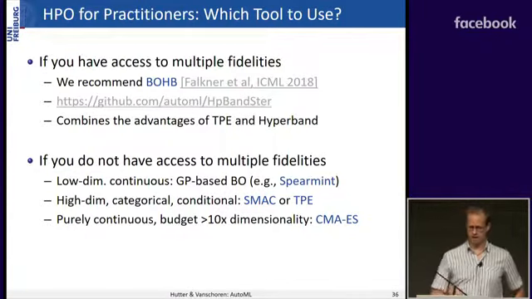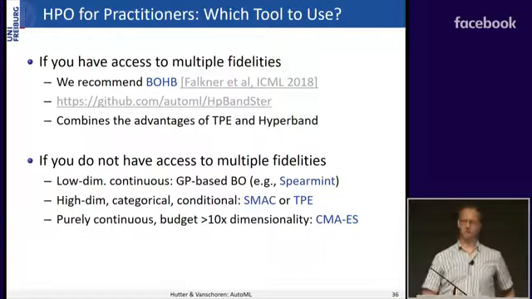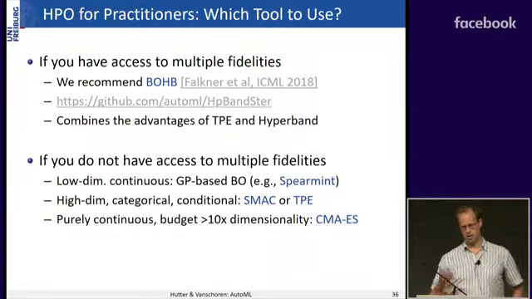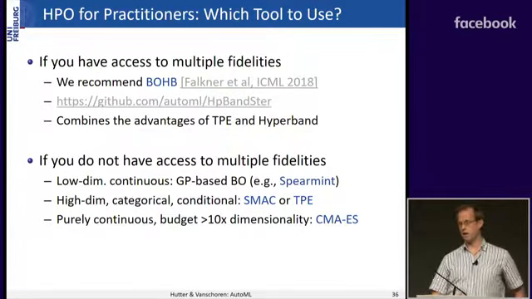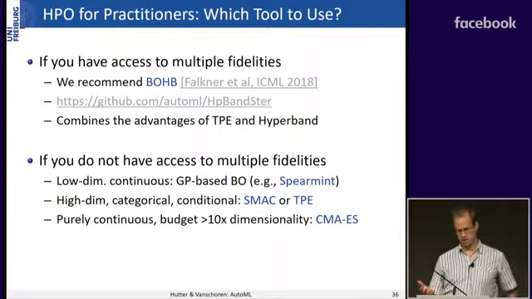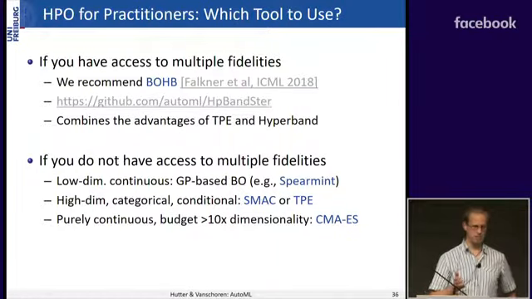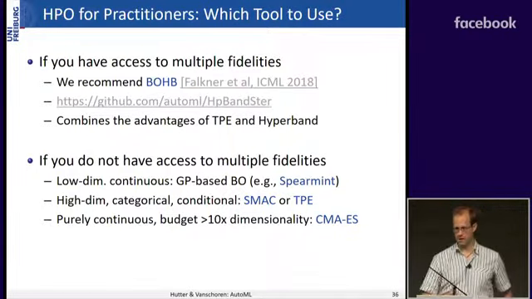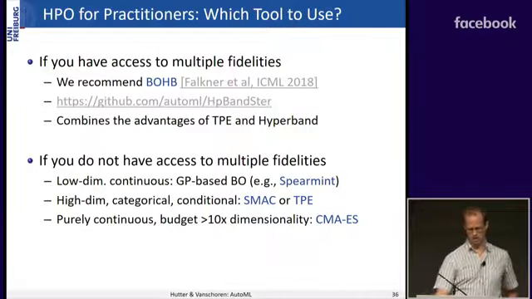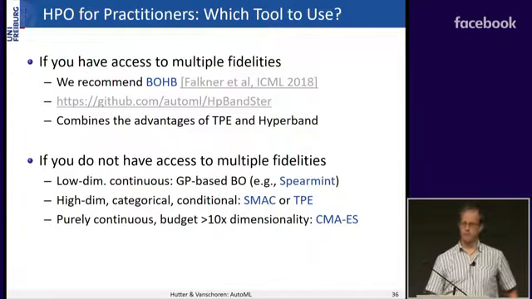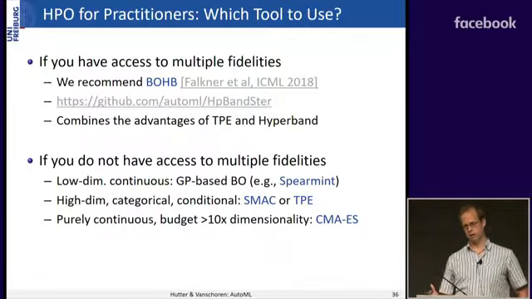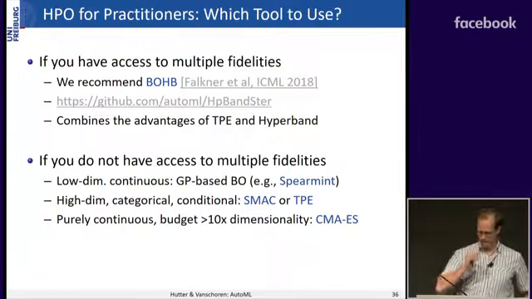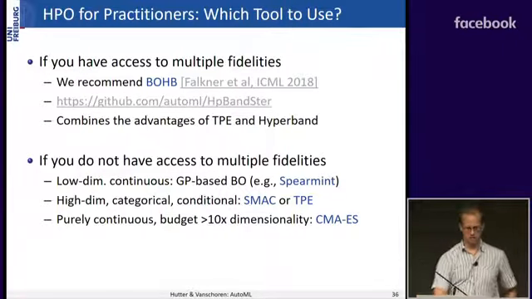If you don't have access to multiple fidelities, I would still recommend, if you have low-dimensional continuous spaces, standard Bayesian optimization with Gaussian processes, for example, Spearmint. If you have high-dimensional categorical conditional spaces, I'd recommend Bayesian optimization with random forest, as in SMAC, or this TPE method based on kernel density estimates. And if you're purely continuous and you have a relatively large budget and maybe want to parallelize really nicely, then CMAES can actually be very competitive.